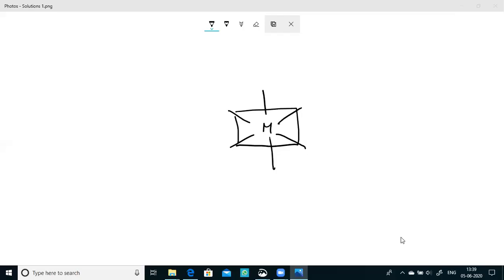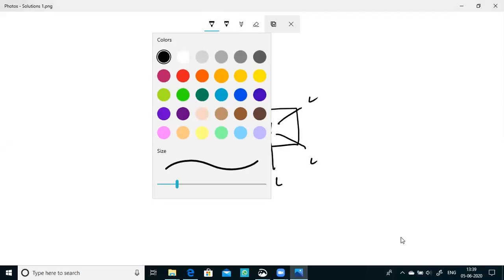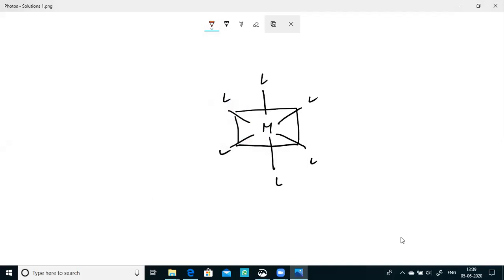Let me explain. I am taking the octahedral complex. Octahedral means there are six ligands, right? Among these six ligands, we call these equatorial and these axial. The axial bonds are these, and these bonds are the equatorial bonds.